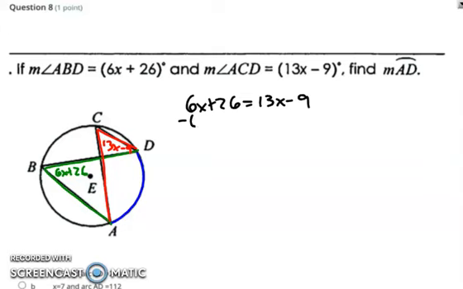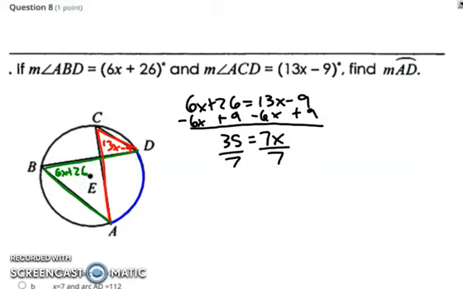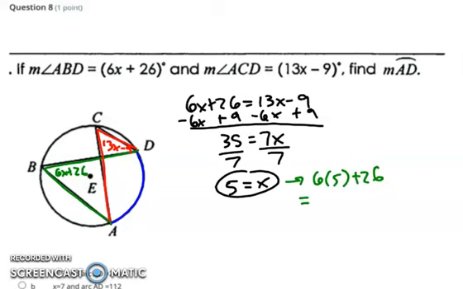Let's move the 6x to the right. Let's move the negative 9 to the left. 35 is equal to 7x. So 5 is equal to x. What they want is the measure of that arc, so we have to plug in. It doesn't matter which one we plug it into, so let's use the green angle. 6 times 5 plus 26 equals 30 plus 26, so 56.